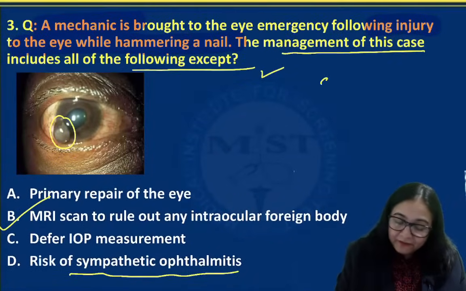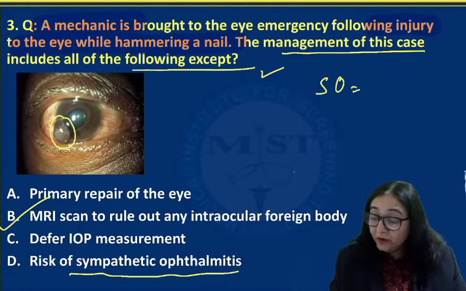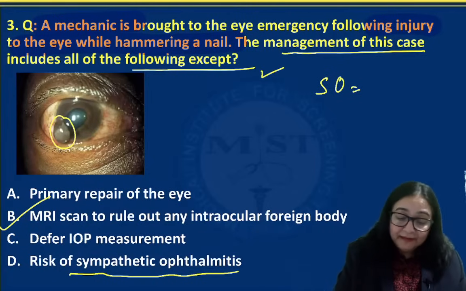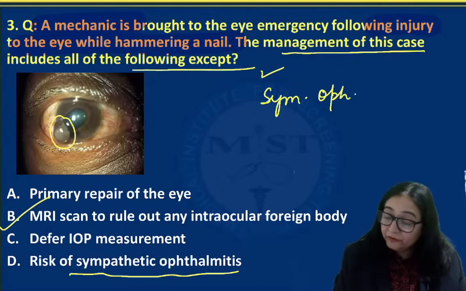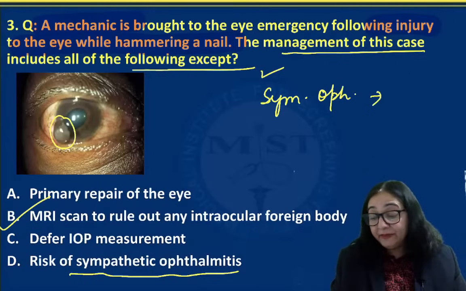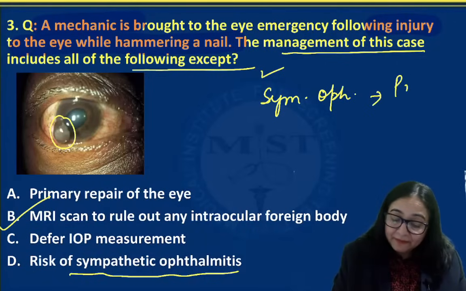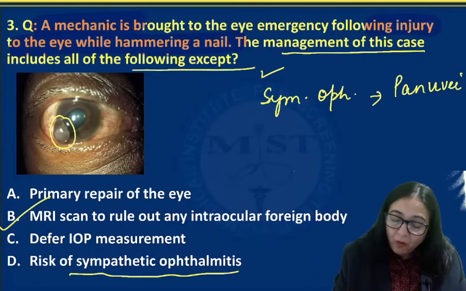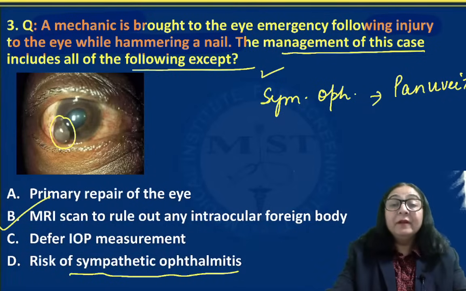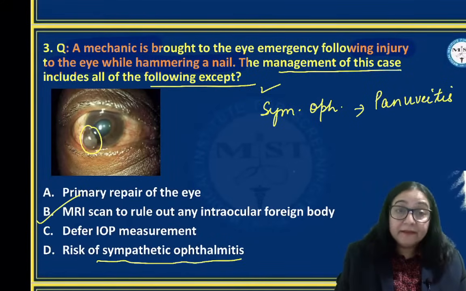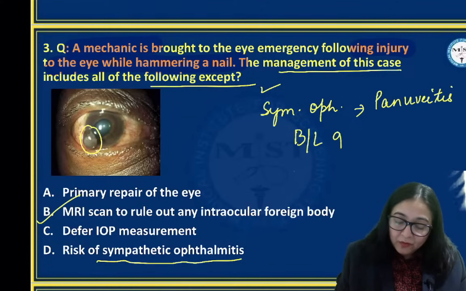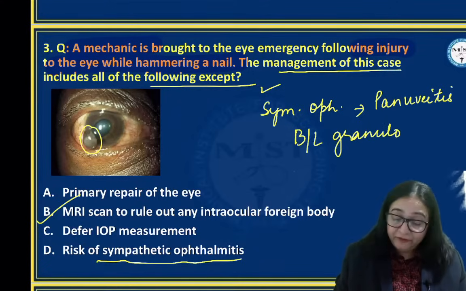You will not see anterior uveitis, beta. In sympathetic ophthalmitis, my dear friend, this is a good time to know about it. It is a panuveitis, beta. Let's revise here. It's a panuveitis involving all the layers of the uvea. Okay, it's a panuveitis. It will be seen in both eyes. So that will be a bilateral granulomatous panuveitis.